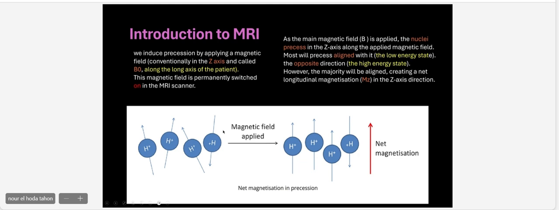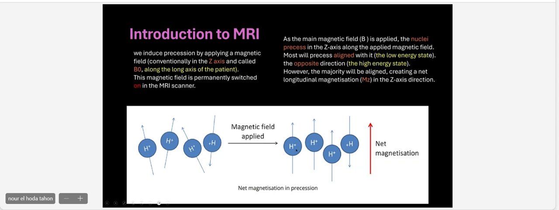And when we start to acquire MRI images, we have this z-axis. We always call it the z-axis, and this is the same axis along which the patient is aligned. It's also called B0, and the magnetic field is permanently switched on. As I said, we have high energy and low energy protons.